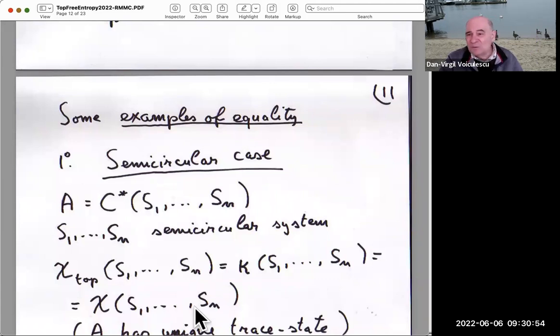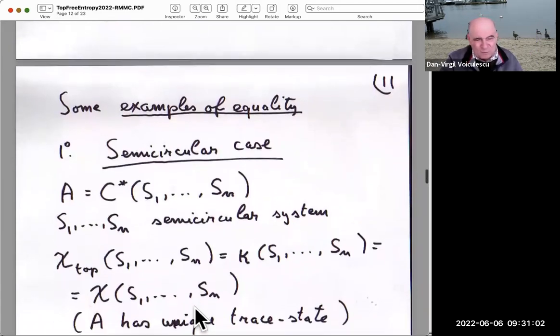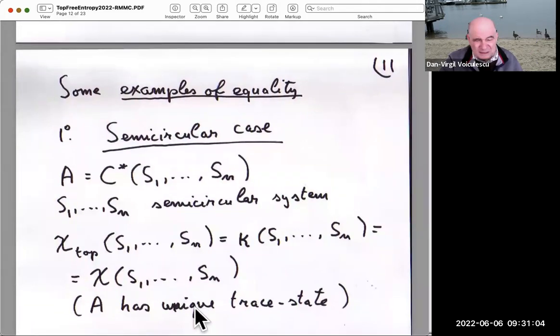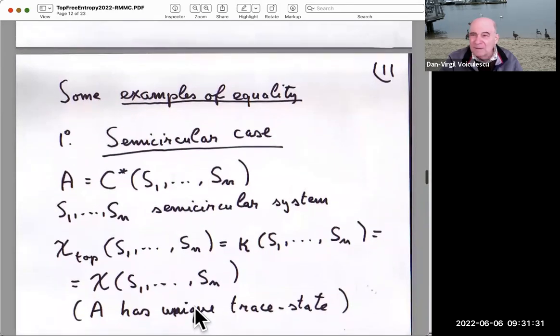For an n-tuple, you have to do it in a free product way to get the semicircular system. And then one thing which one can prove is that the topological free entropy of an n-tuple, S1, ..., Sn, is equal to its free capacity, and is actually also equal to the free entropy of S1, ..., Sn, of the semicircle.